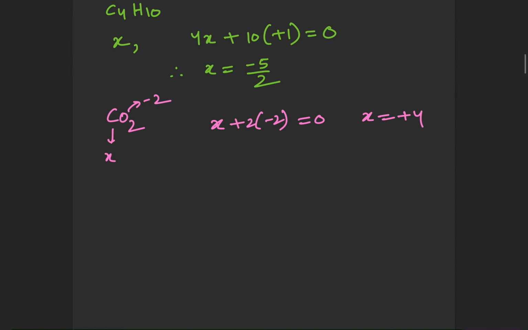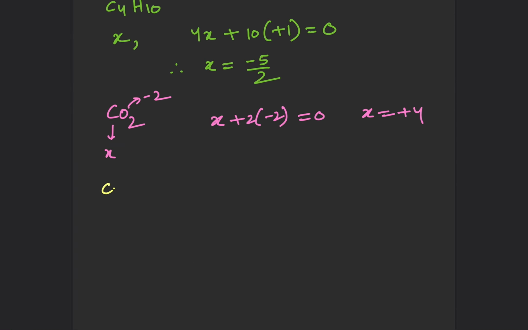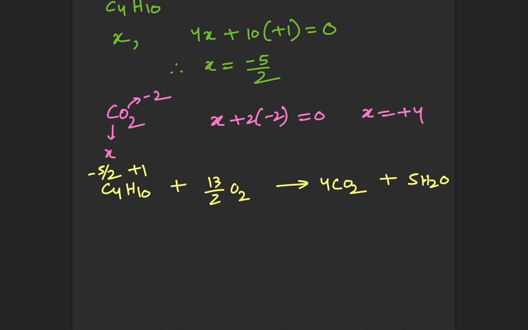Okay, so therefore I will rewrite the combustion equation, which is C4H10 plus 13 by 2 O2, giving us 4 CO2 plus 5 H2O, with oxidation numbers minus 5 by 2, plus 1, 0, plus 4, minus 2, plus 1, minus 2.